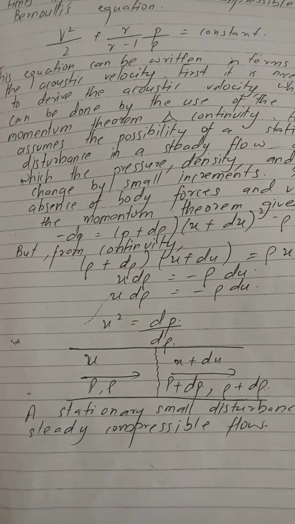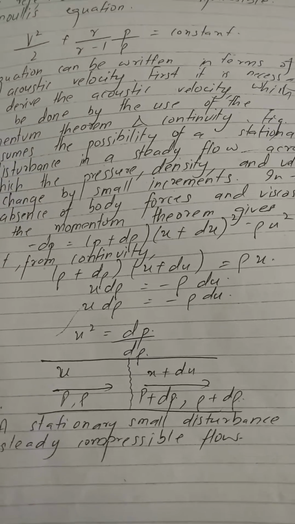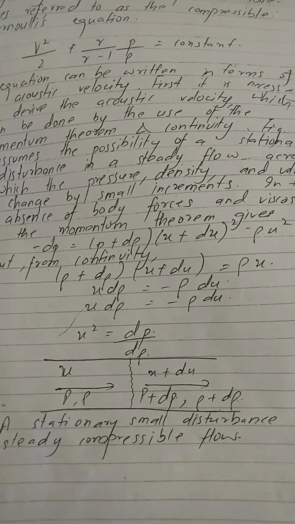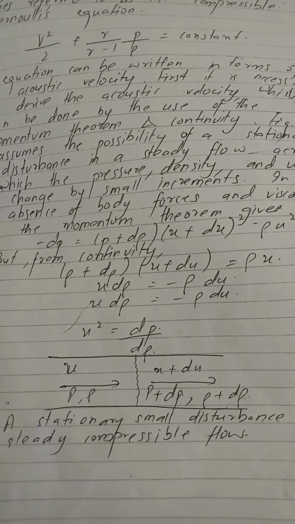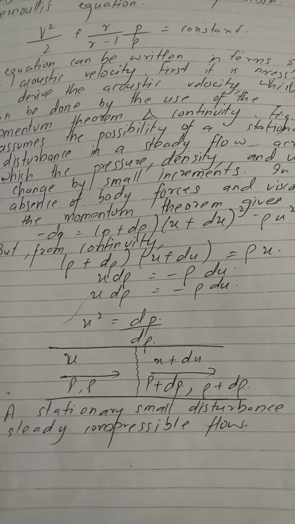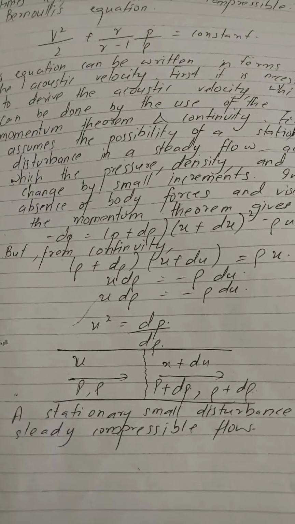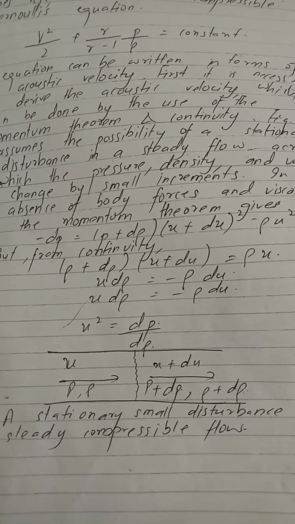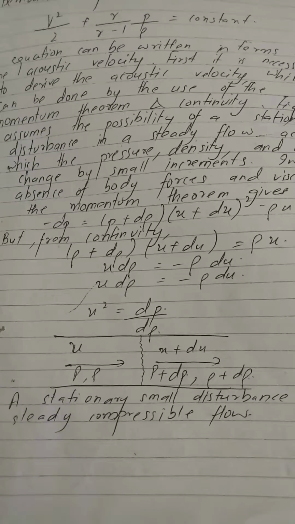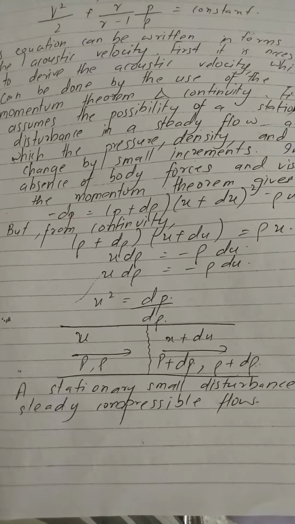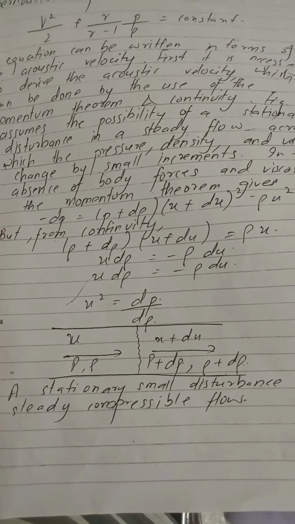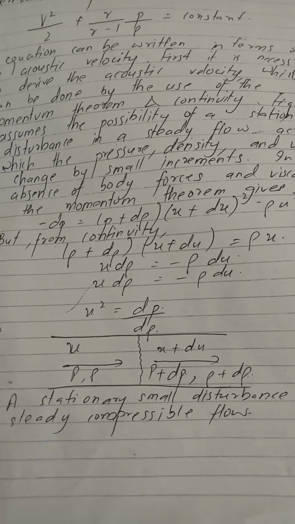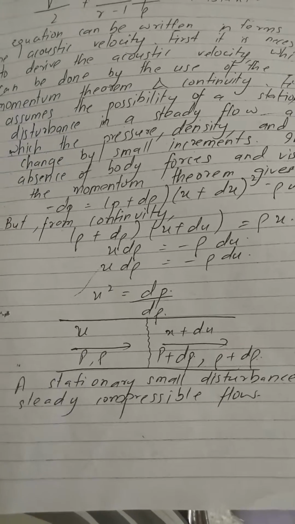But from continuity we know that this is the form, and just taking out u, u change of rho is equal to minus rho into du, and u into d rho is equal to minus rho into du. So x squared is equal to dp over d rho. Here the velocity is u plus du, the pressure is p plus dp, and the density is rho plus d rho.